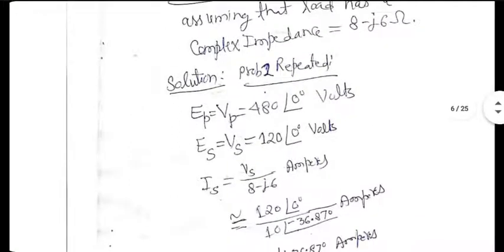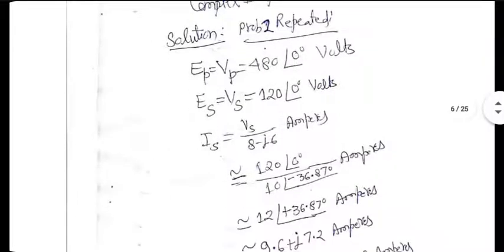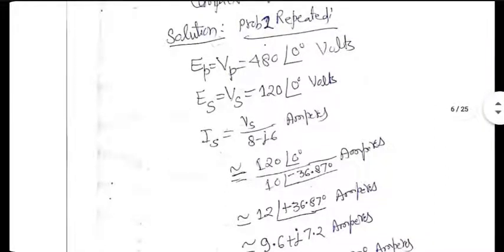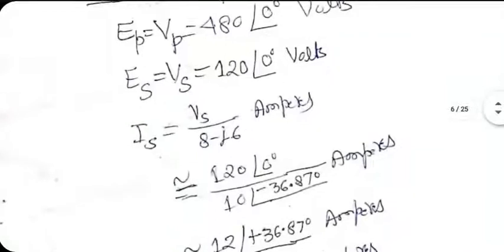Now the load current, or rather secondary current if you want, will be Vs divided by ZL. And Vs is 120 angle 0. It's all RMS value. Divided by, now 8 minus J6 has to be converted into polar form.